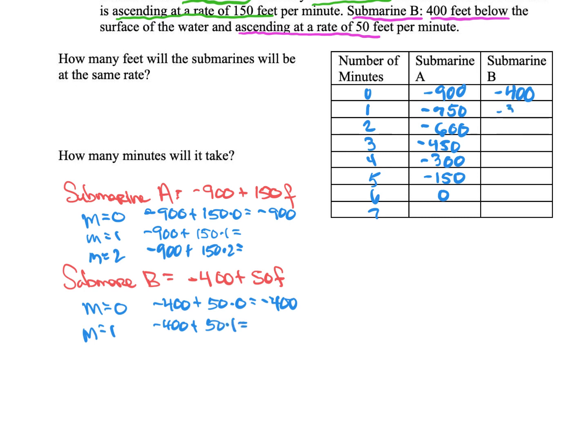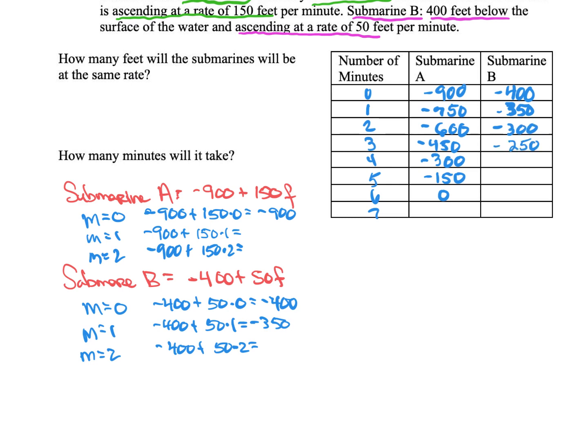Well, that's negative 350, right? What about minute 2? Negative 400 plus 50 times 2. Negative 300. Kind of see a pattern.